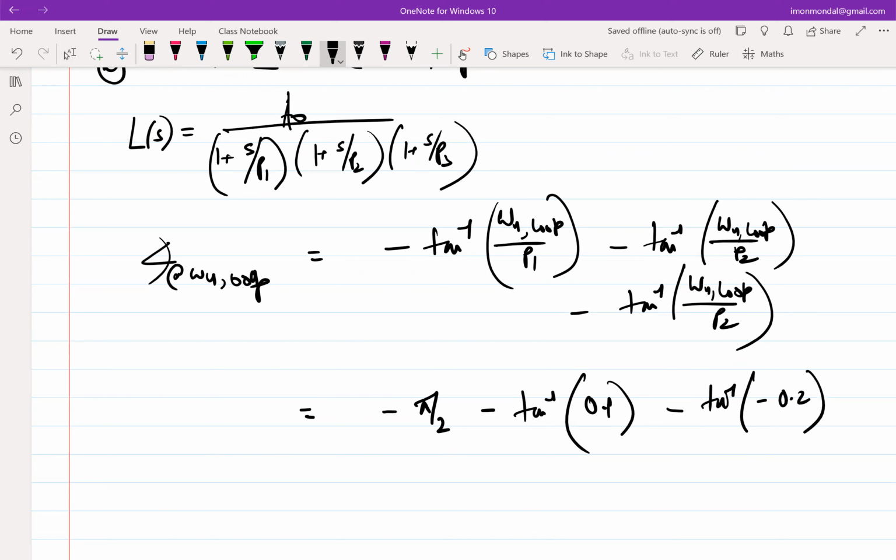Can you tell me what this will be? Use a calculator or Google it. Sorry, 0.01.